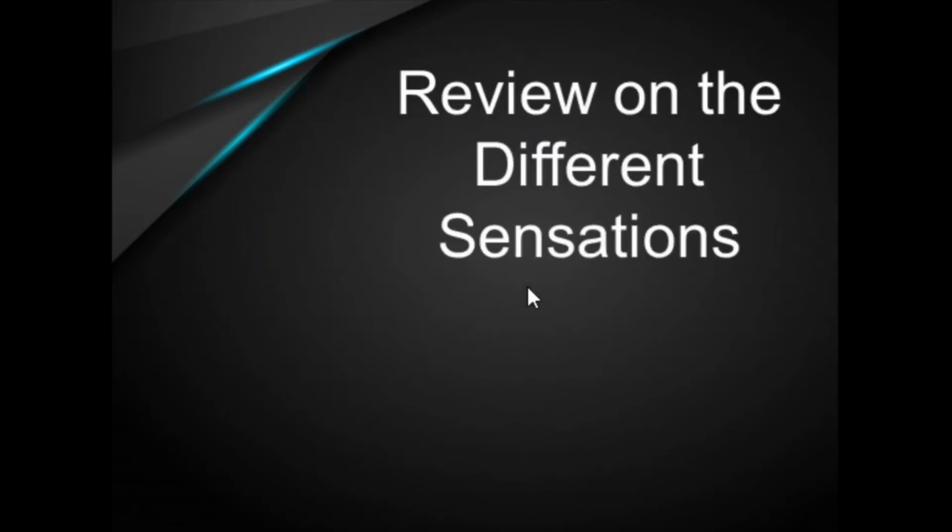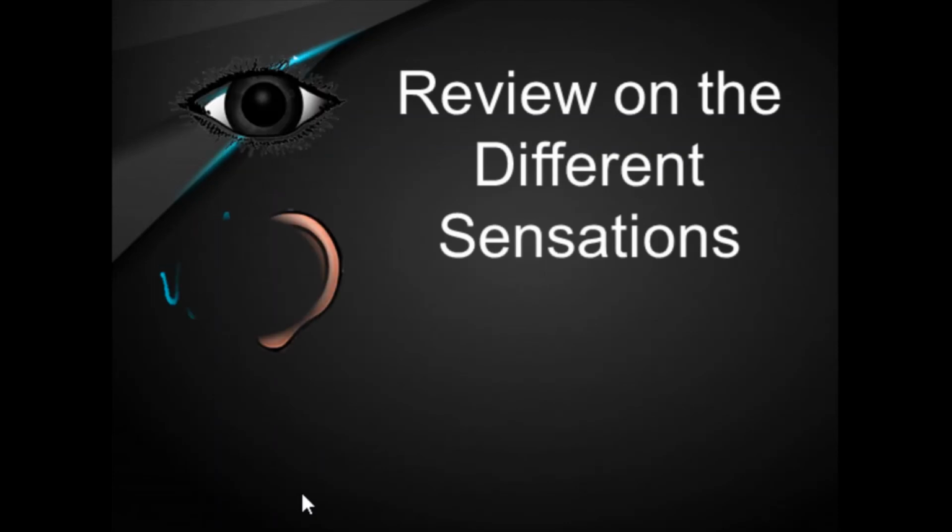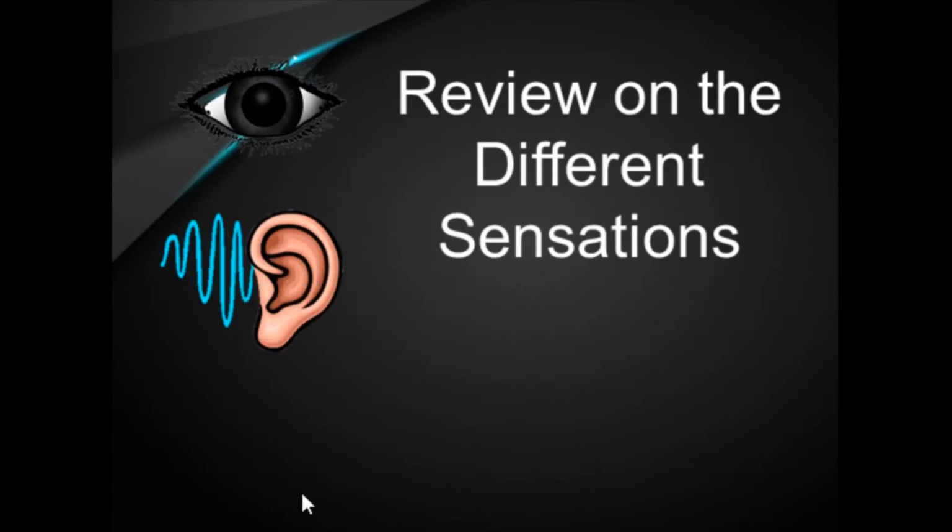Now we will have our review on the different sensations. Again, we will have a review on the different sensations. What do I mean by this? We are done talking about the other organs, right? Yes.